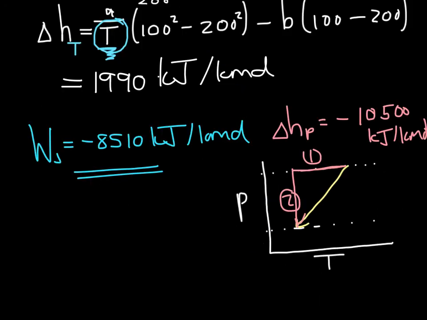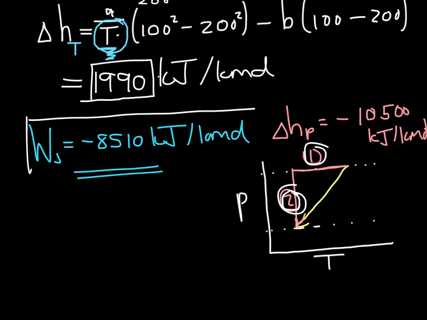After substitution of our parameters and the correct temperature value, we get a change in enthalpy due to the change in pressure of 1990. And if we add the values for the two steps, we can calculate the work that we can obtain from that turbine per kilomole of this non-ideal gas that flows through it.